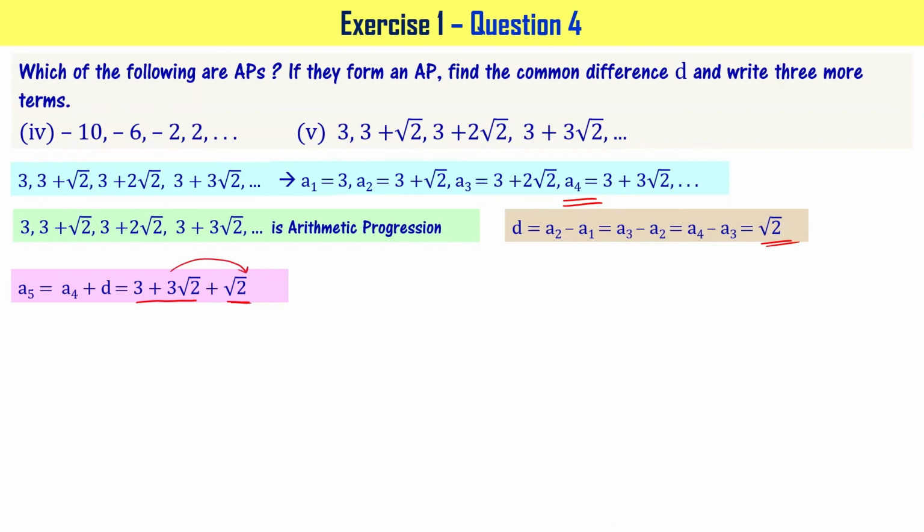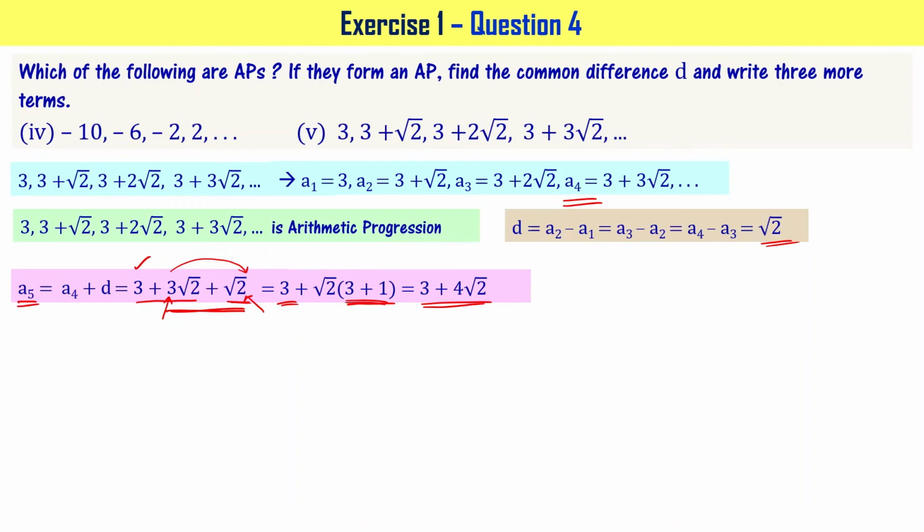If I take root 2 as the common factor out, what you will have is 3 plus 1, right? I have kept this 3 as is and then taken root 2 as the common factor from these two terms, right? Then here, the first part I'm going to have only 3 and for the second part I'm going to have 1. So 3 plus root 2 times 3 plus 1 equal to 3 plus 4 root 2. This is the term A5.